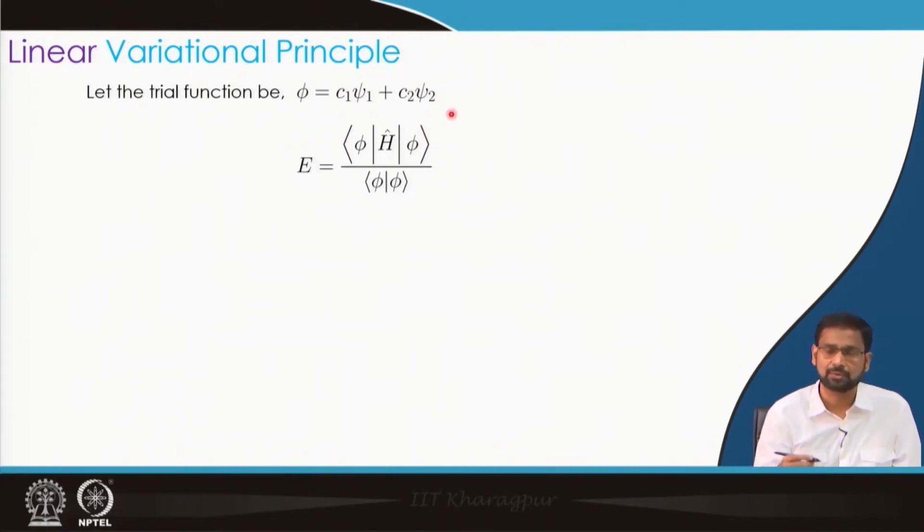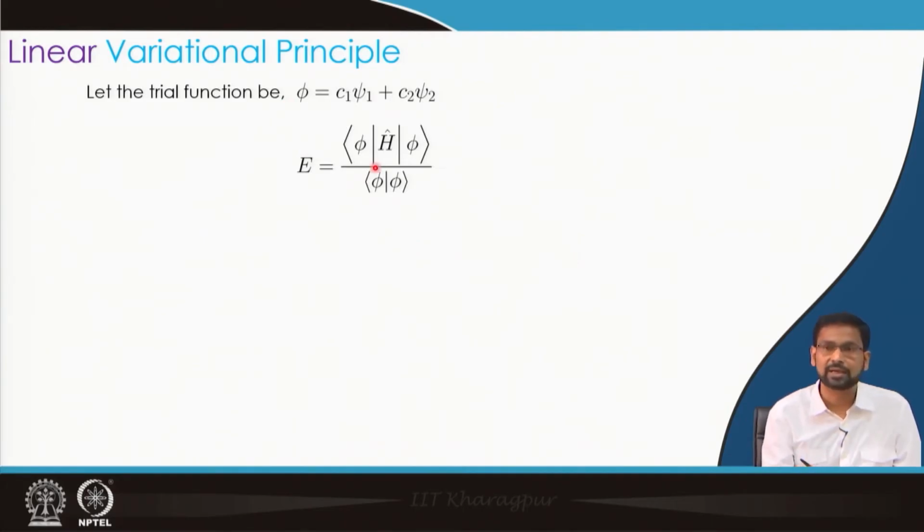Depending on the system that we would discuss, we will see how we can take this psi1 and psi2, but for the time being we keep it general: let there be some known wave functions psi1 and psi2, and in other cases when we have more functions, let us say that we have a complete set of eigenfunctions psi i's. Now, using them we are defining a trial function as a linear combination of these functions.